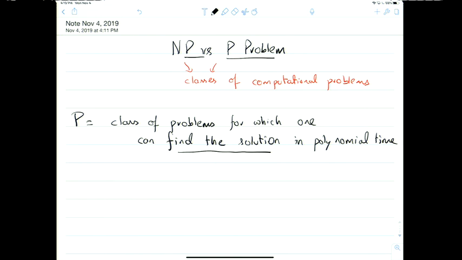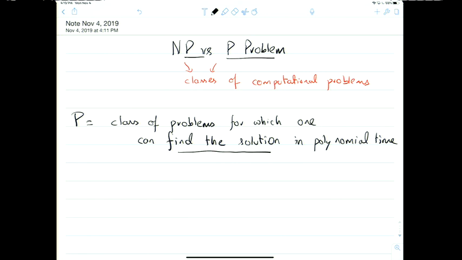So for now, let's just say P is the class of problems for which you can find the solution in polynomial time, like minimum spanning tree, which you can solve in linear time or close to linear time. Shortest paths too.